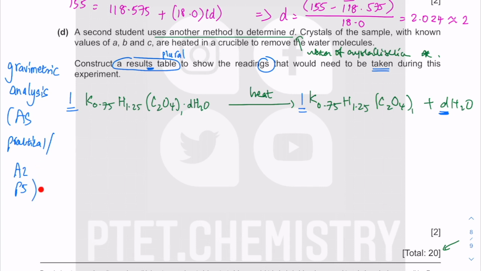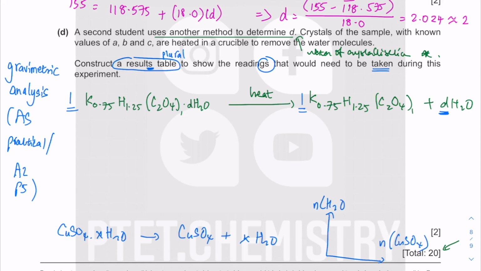In older papers, if you have CuSO4 dot XH2O, they ask you to plot a graph of the moles of H2O against the moles of CuSO4. Then you get a gradient, which is x over 1, and that tells you the value of x. Same idea here, just a slightly more complicated looking compound.